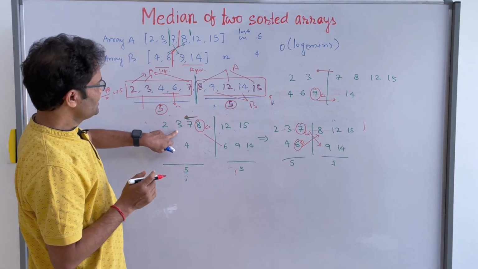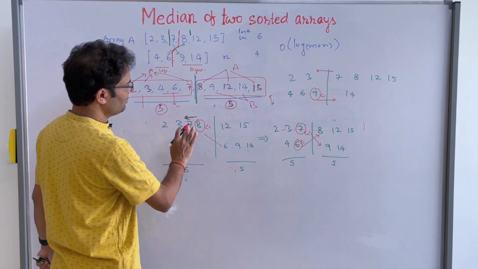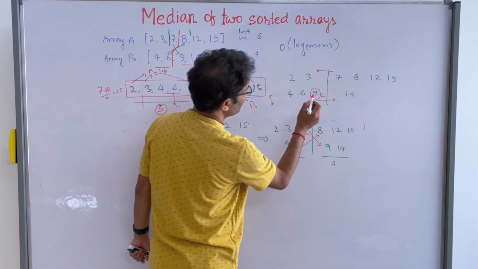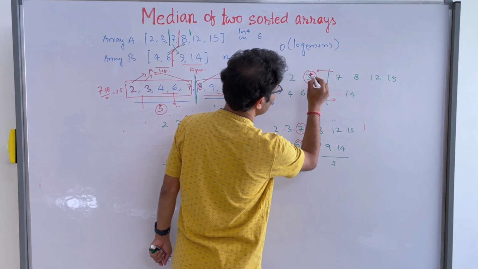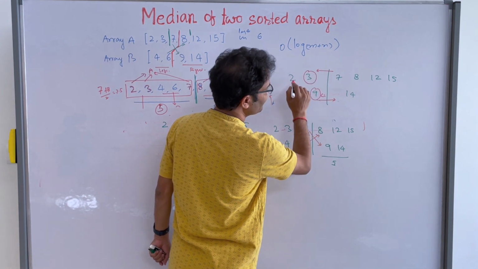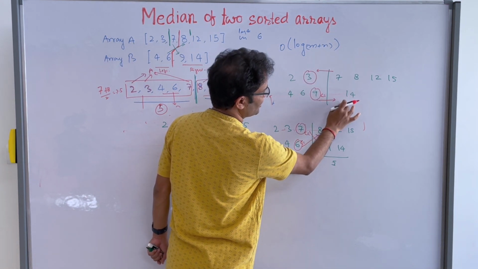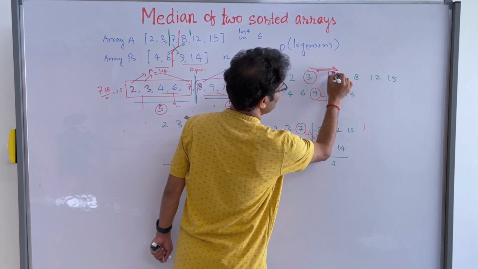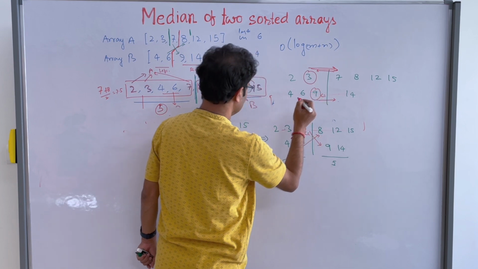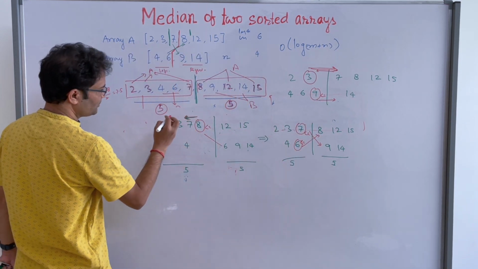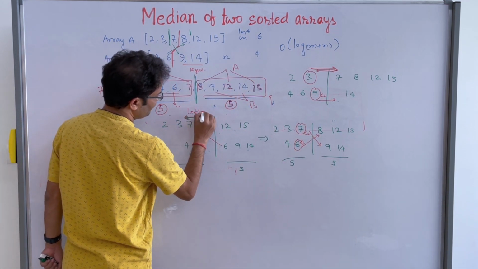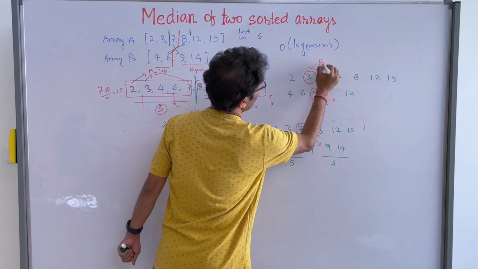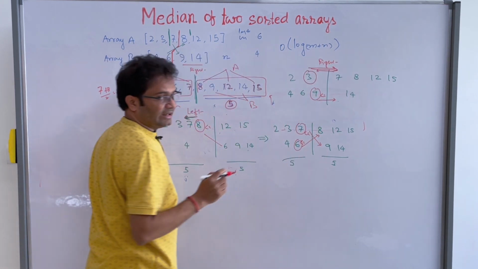If suppose it is the 3, then you have to move the pointer to the right side, because it is less than this number and this is not matching, so you have to move right, right? So then you should bring 7 here. So you should know how to move the left side and how to move the right side.